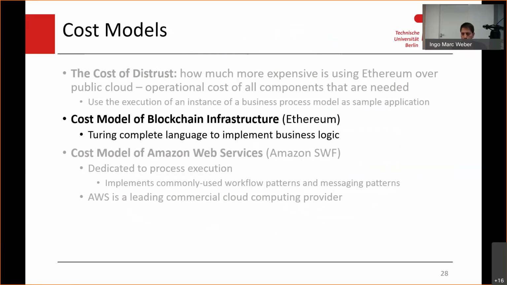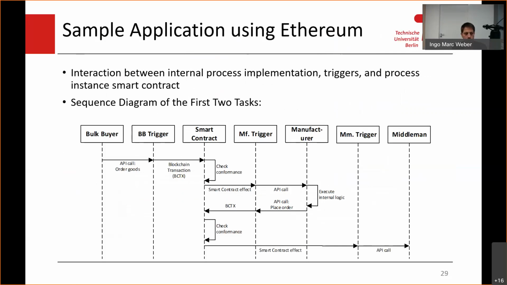And for that, I'm just going to briefly explain some aspects of the cost model of the blockchain side. So if you take the process model that I've just shown and you translate the first two interactions into a sequence diagram, this is roughly what it looks like. The bulk buyer is making an API call for ordering goods, is calling its own interaction component, which we called trigger in our first work.